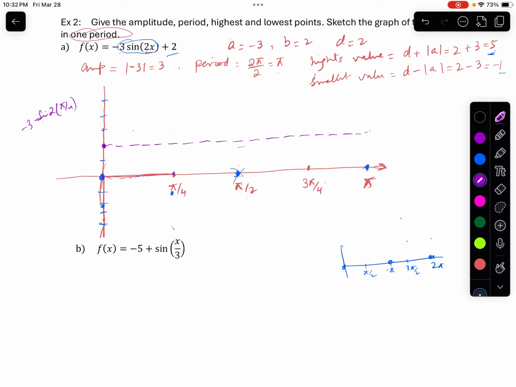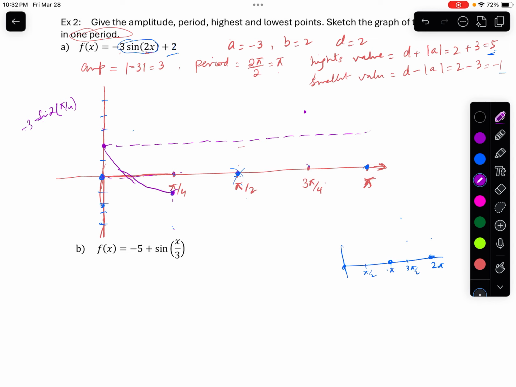So at pi over 4 the value will be -1 here. At pi over 2 it will be 0. At 3 pi over 4 it will be 5. So the graph goes like so.